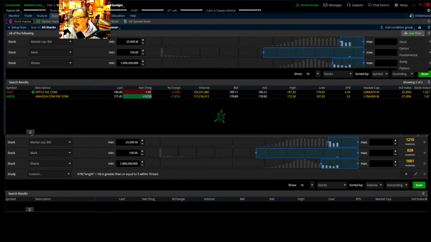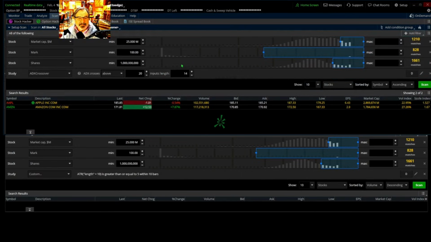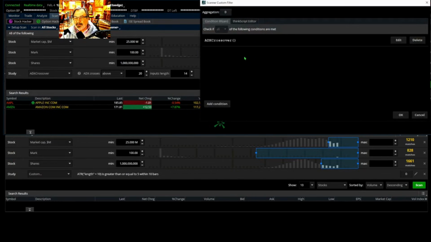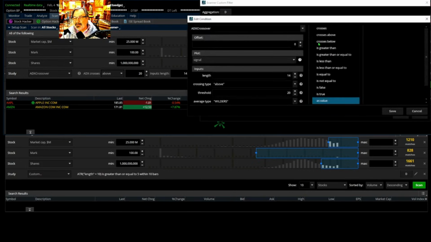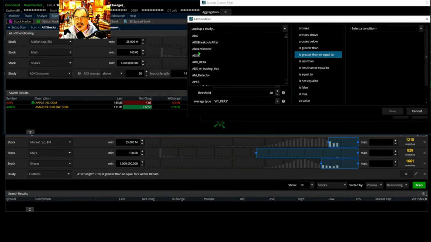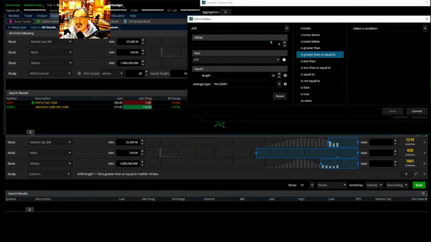So let me just add a study. We'll go down here to custom, and then we'll go to edit. Is greater than or equal to. I'll do that first this time. I'll go into the study and pick an ATR, and then do 10, and then select a condition.